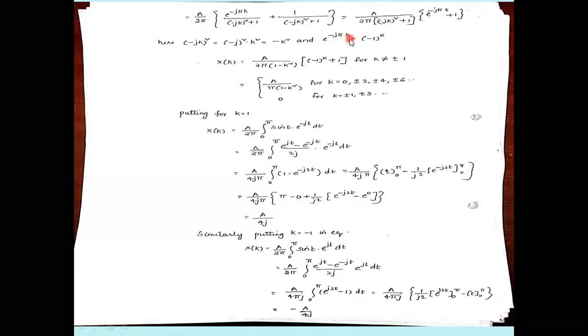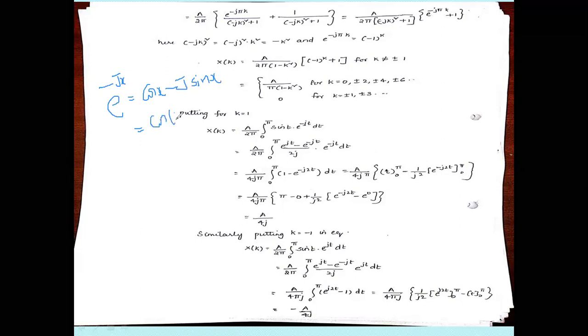And e power j pi k. E power minus jx is equal to cos x minus j sin x. Okay, let's see it again. What is e power minus jx equal to? Cos x minus j sin x. What is the value of x here?